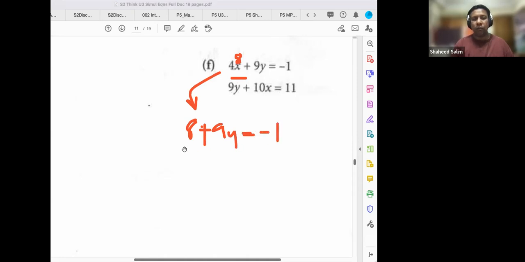Then I bring over the positive 8, it becomes -8. Means 9y equals to -1 minus 8, which is negative 9. So y equals to negative 1.